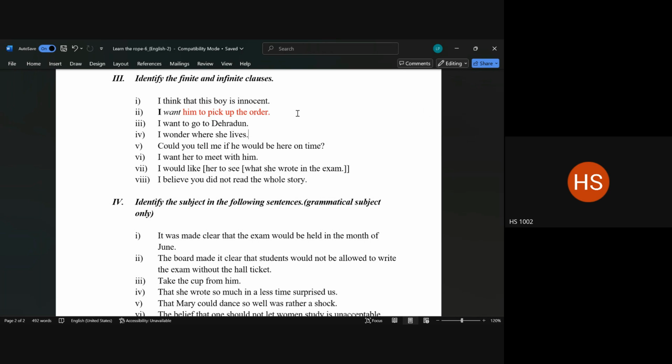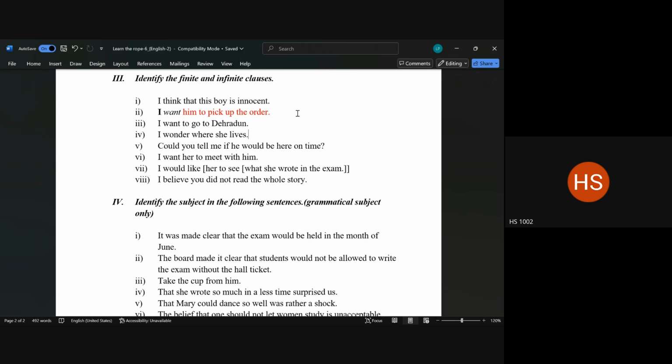Okay. Now, sixth one, I want her to meet with him. Ma'am, non-finite clause. Yeah, this is again non-finite, right? This is very similar to sentence number 2, I want him to pick up the order. All we did is just flip the gender.